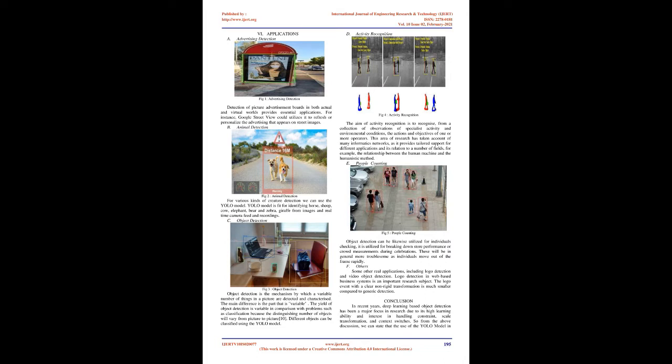YOLO works by accepting an image as input and dividing it into an S by S grid, taking M bounding boxes inside each grid. For every bounding box, the network gives a class probability and offset values for each bounding box formed. The bounding box with the class probability above the threshold value is selected and used to further locate the object within the picture.